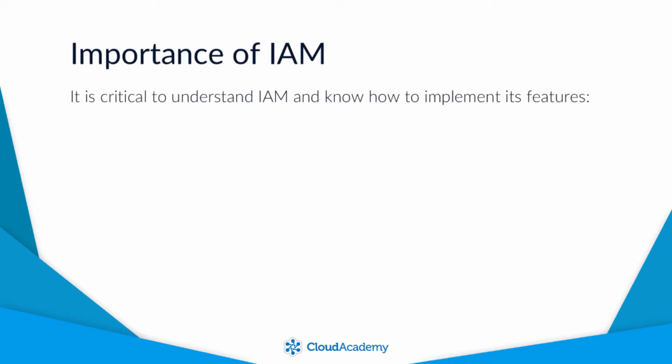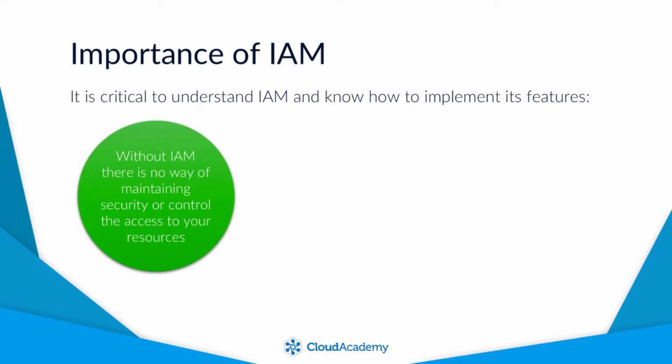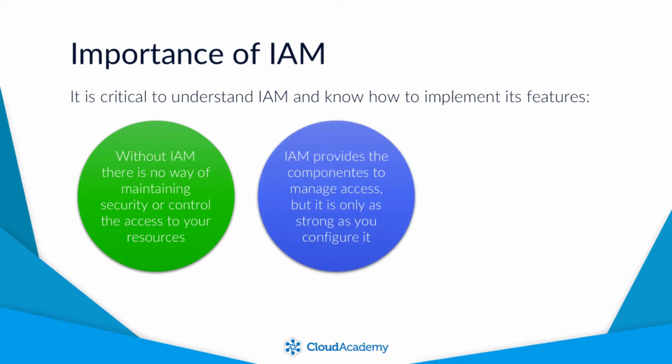It's critical to understand how IAM works and what can be achieved via the service, but it's even more important to know how to implement its features. Without IAM, there would be no way of maintaining security or control of who or what could access your resources and what they could do with them, both internally and externally. IAM provides the components to maintain this management of access, but it's only as strong and secure as you configure it.